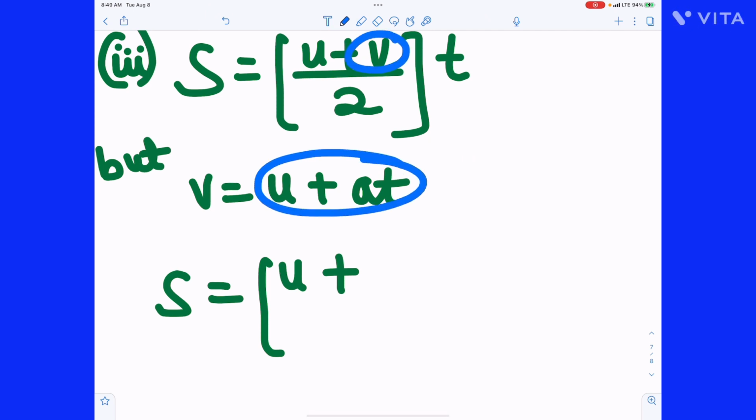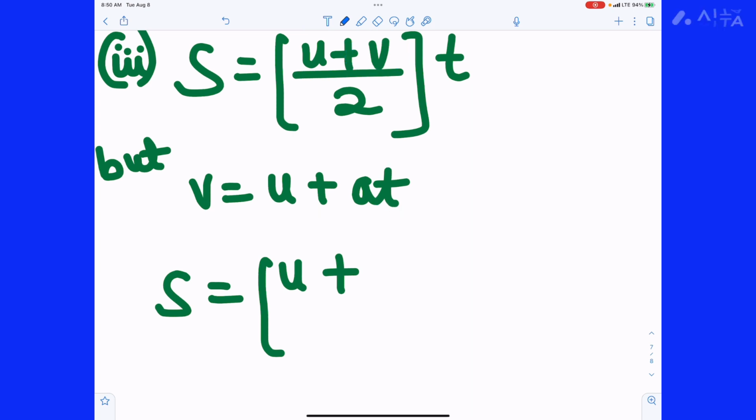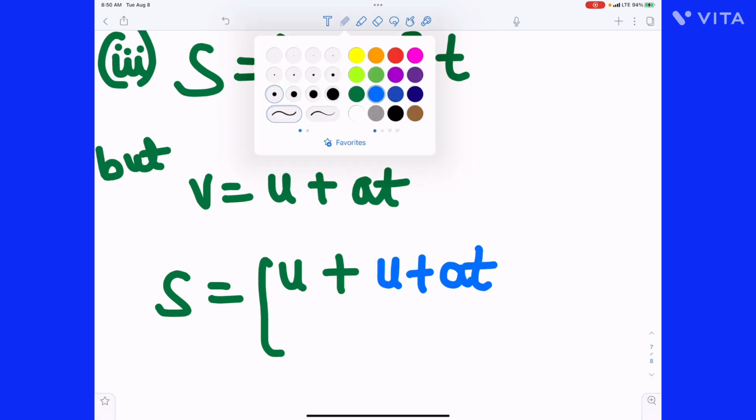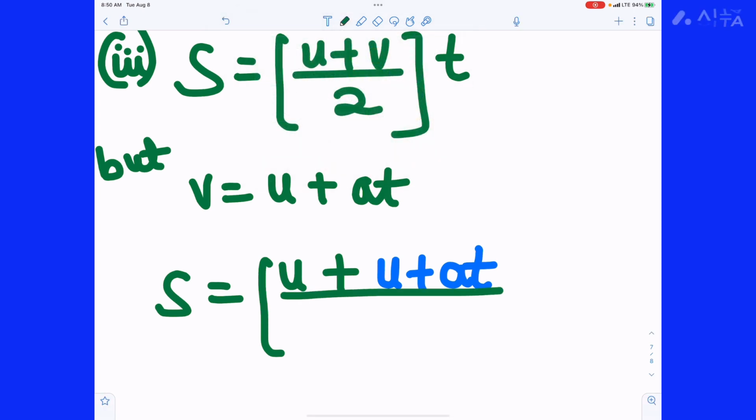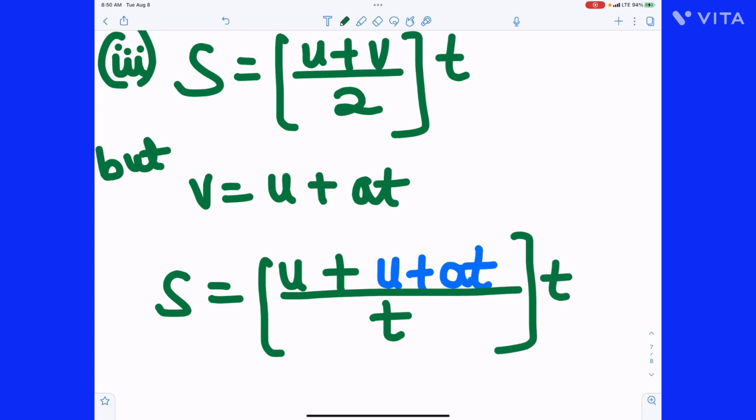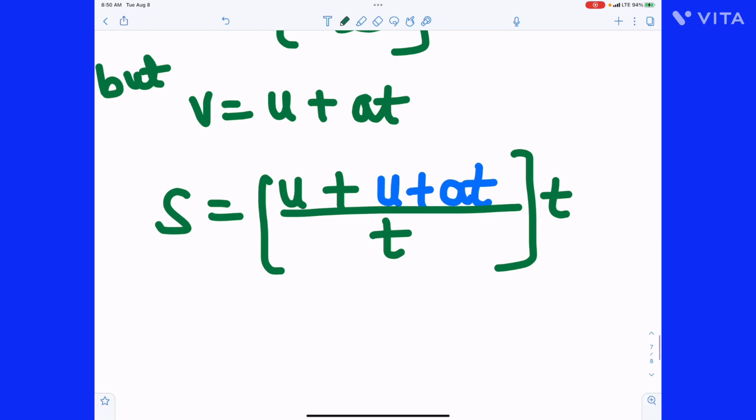Instead of writing v here now, I'll write u plus at times t. I hope you got that logic. Instead of writing this v here, I'll change it to the expression u plus at from equation 1.